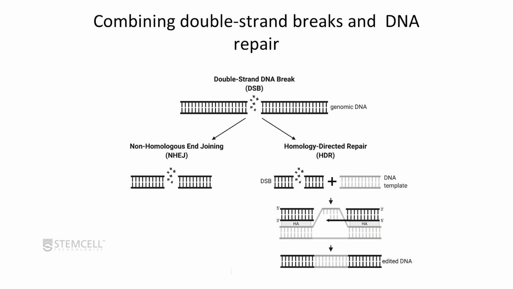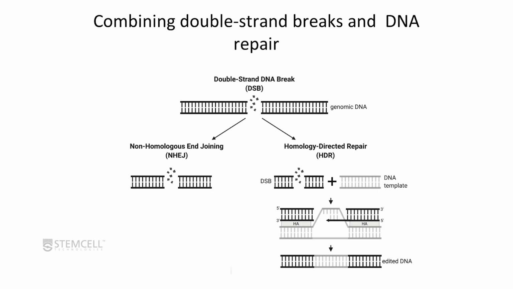So we begin this editing in general with the nuclease-based platforms with a double-stranded break. This in the cells will trigger a couple of double-strand break repair mechanisms, either non-homologous end joining, abbreviated as NHEJ, or homology-directed repair, HDR.